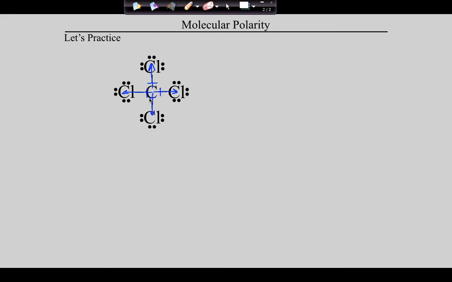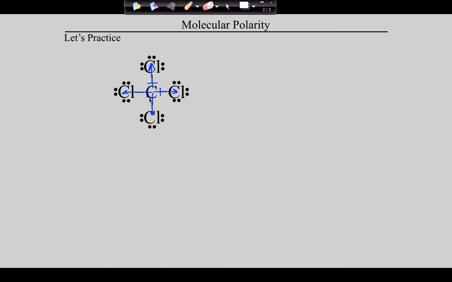But what we're going to do is apply pull to this central carbon, and each one of us, to the best of our ability, is going to pull along the bond axis. But we're going to pull with the same strength. So guys, don't pull real hard, but each one of these is chlorines, and if we all pull with the same strength, you get the idea.